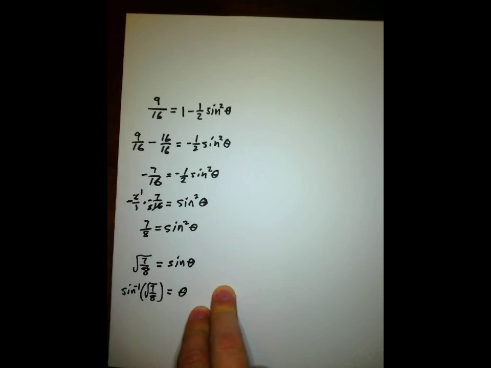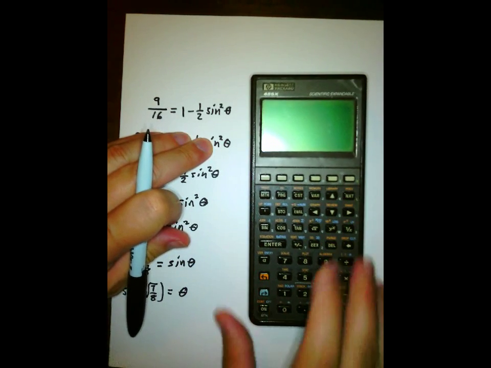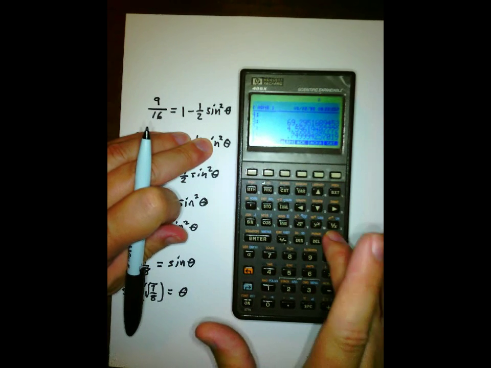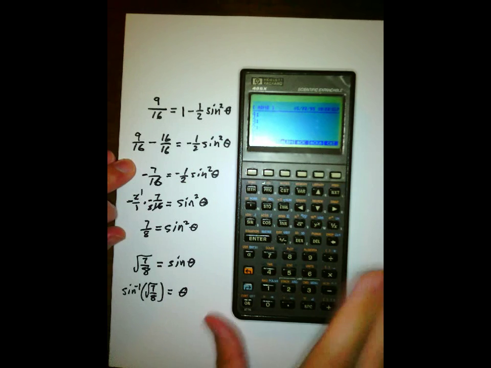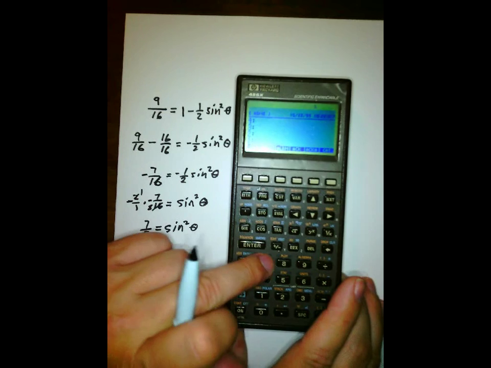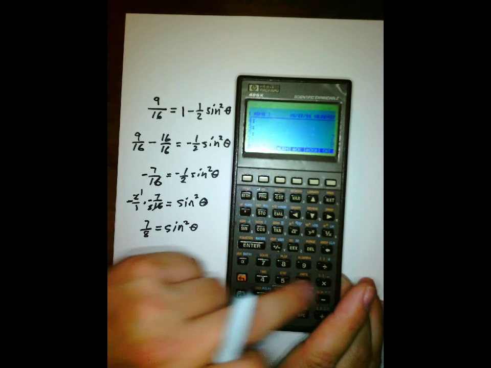So, what we have to do is punch this in our calculator. And yes, I have my ancient calculator here. Here's how it works on my calculator. I'm going to enter 7, then 8. So this is 7 divided by 8.